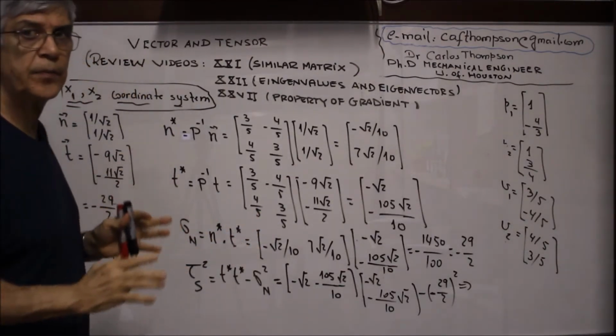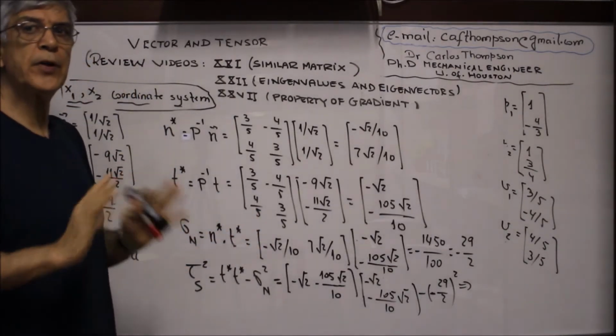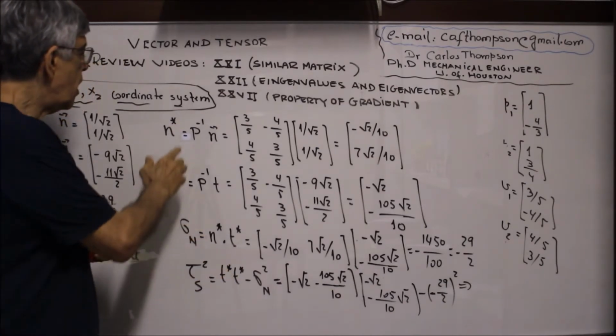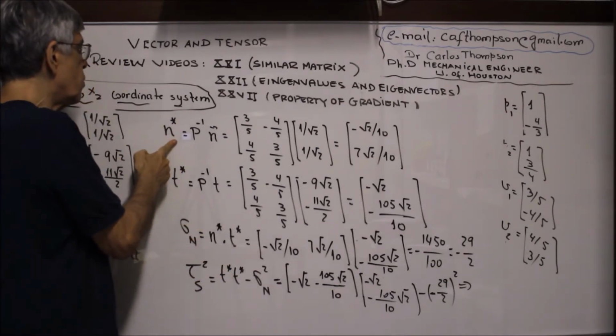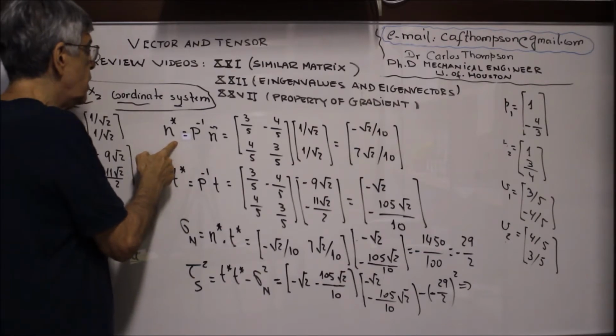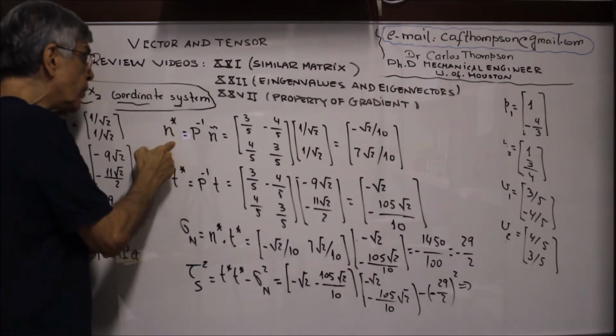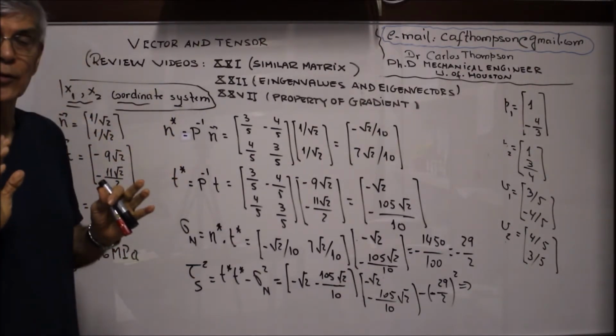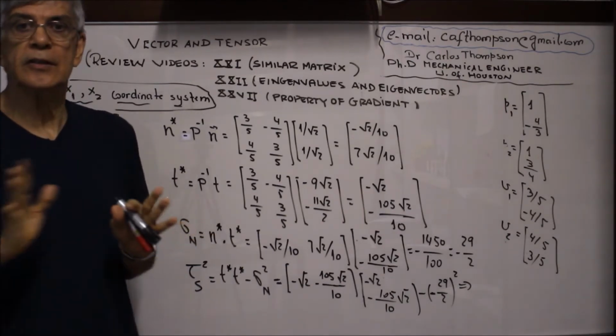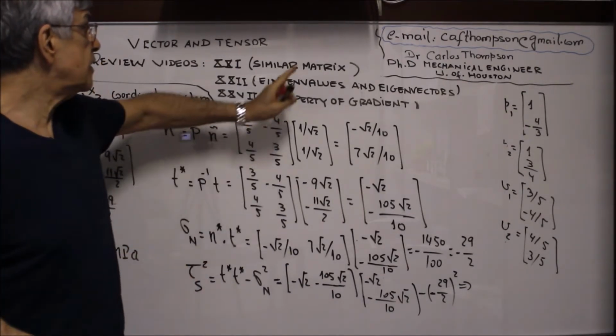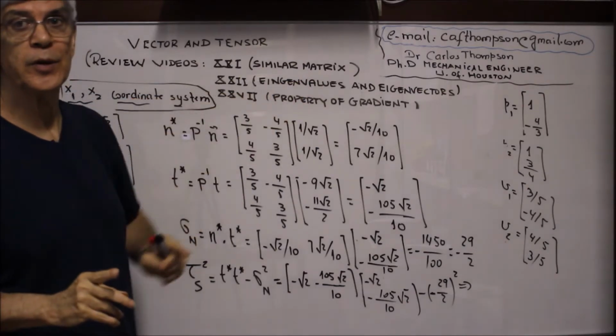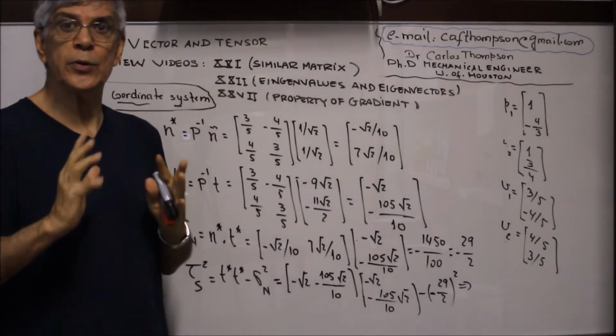This is just simple operations. See? Now, n star, the orthonormal components. The vector, the normal, is the same vector. It doesn't change. Please see similar matrix. Okay? Now, the components will change.